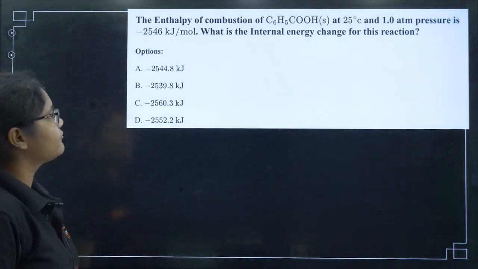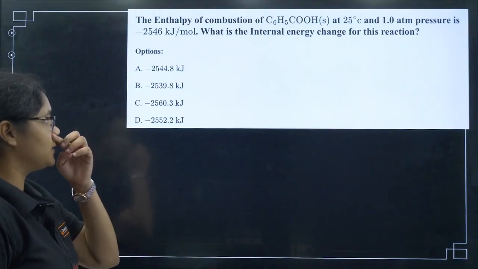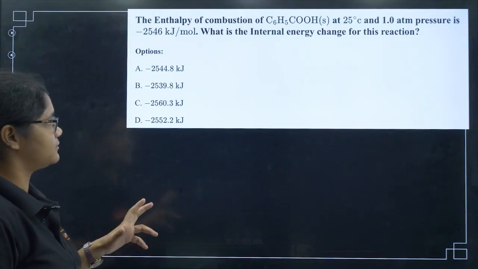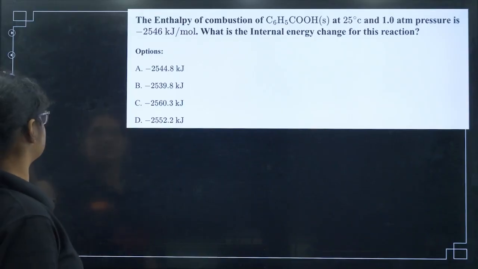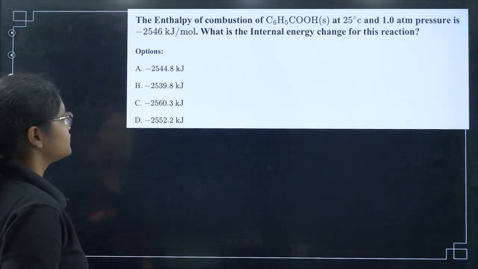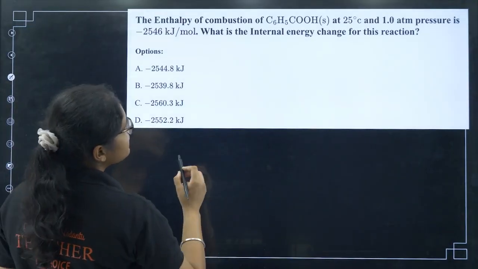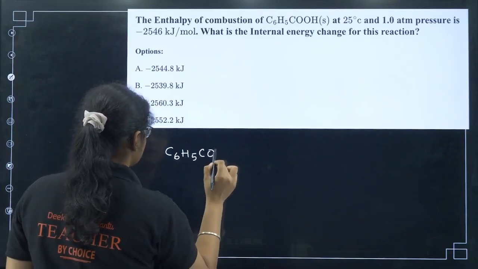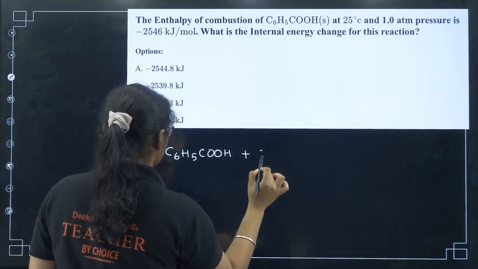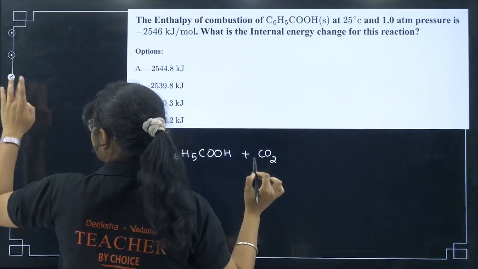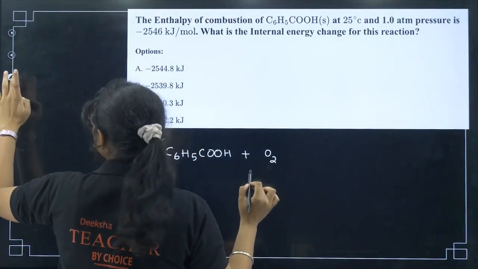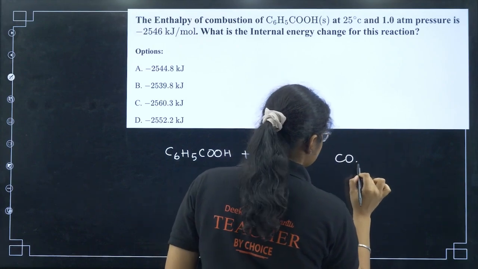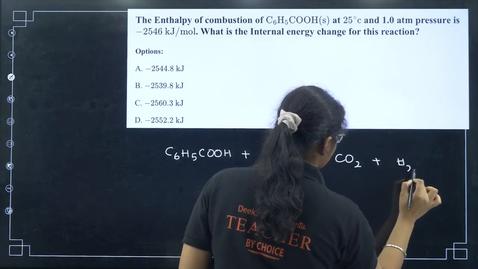Next, the enthalpy of combustion of C6H5COOH at 25 degrees Celsius and 1 atm pressure is this much. What is the internal energy change for this reaction? So we have this combustion of C6H5COOH. If I have this reaction, this gives me CO2 plus H2O.